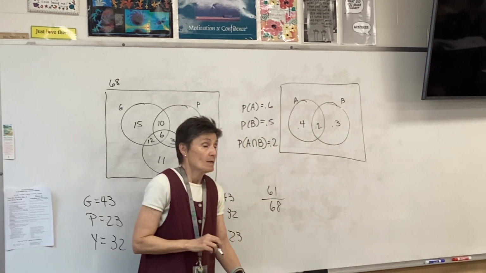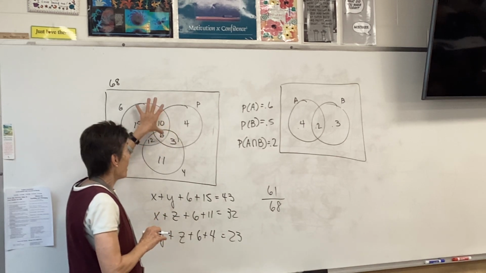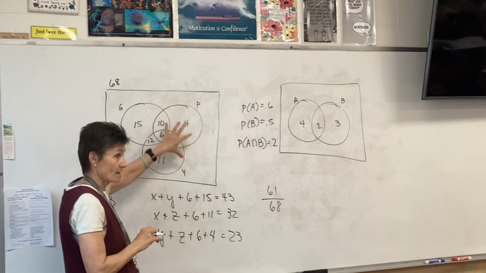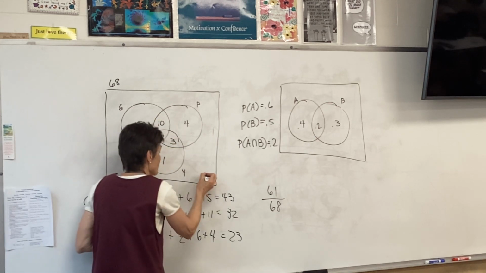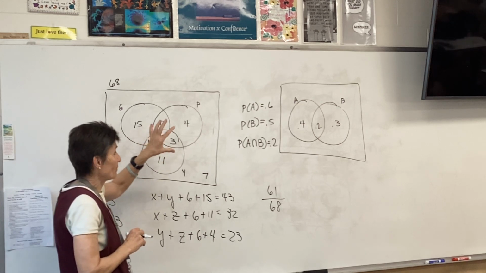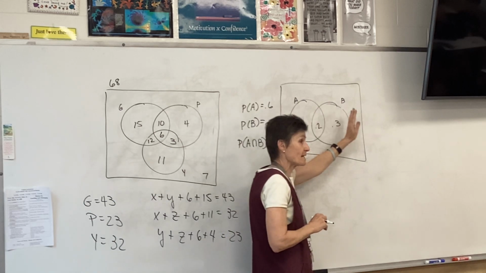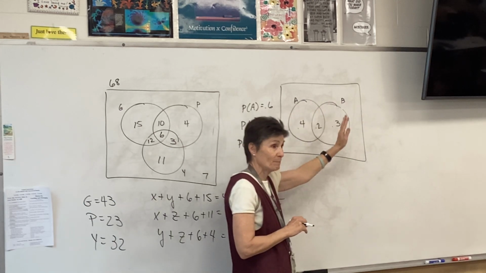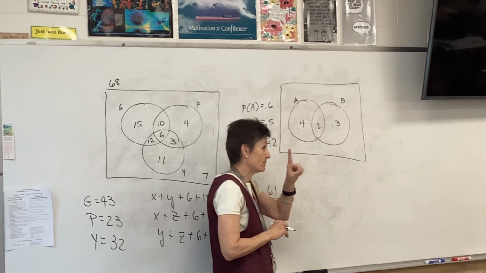Now, remember how in the problem we just did, the whole thing adds up to 68? So as soon as you figured out these were 61, you knew there were 7 guys out here that didn't like anything? Well, this is a probability situation. What do all these have to add up to in a probability problem? 100%, 1, right?